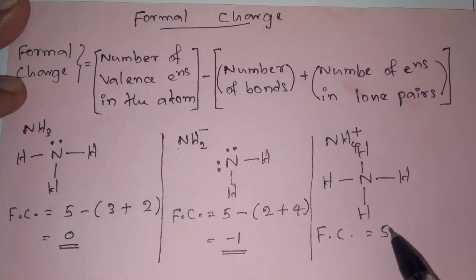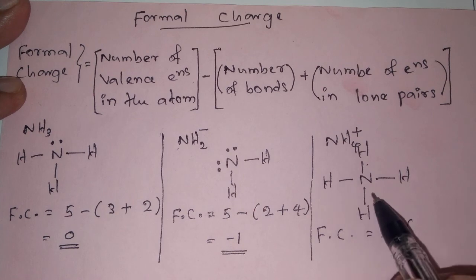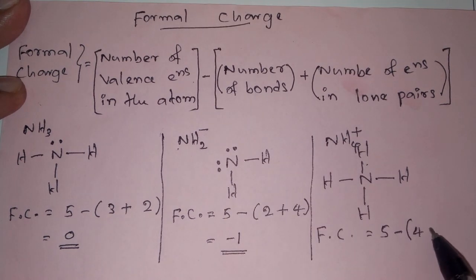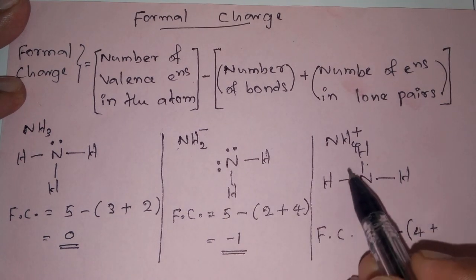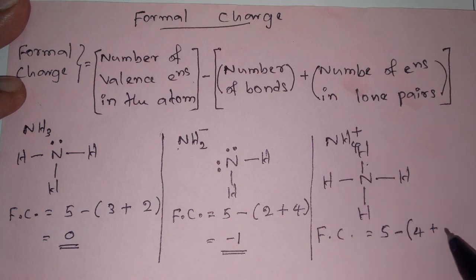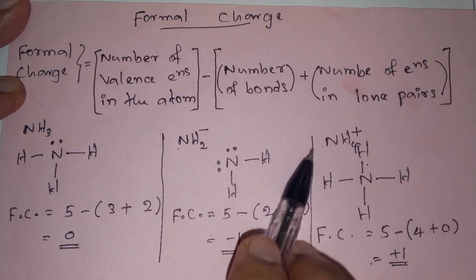It has 5 electrons, subtracted by the number of bonds, 4, plus there are no lone electrons here. So we can see that it should have a positive 1 charge. That's the formal charge of nitrogen in the ammonium ion.